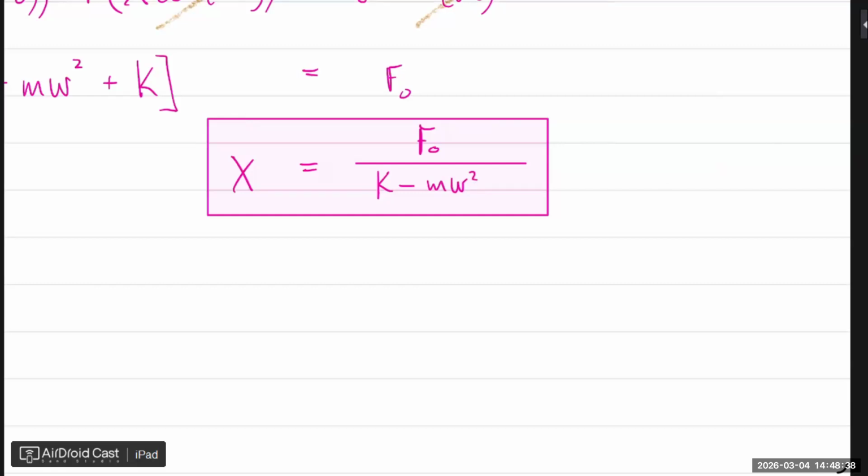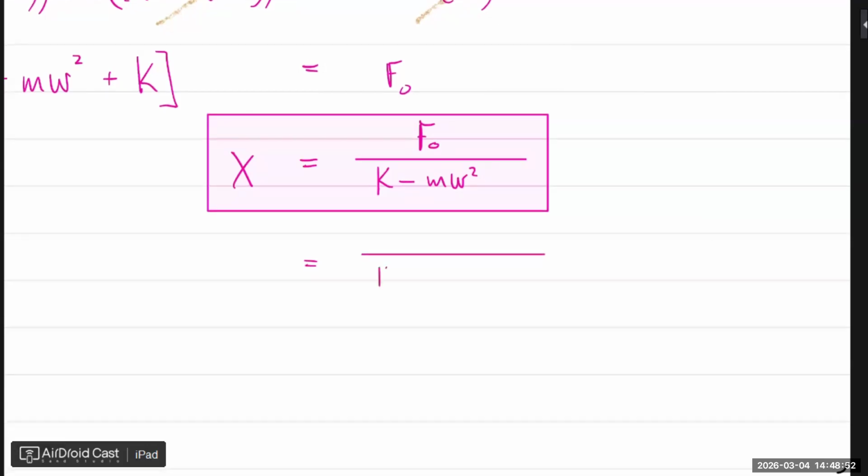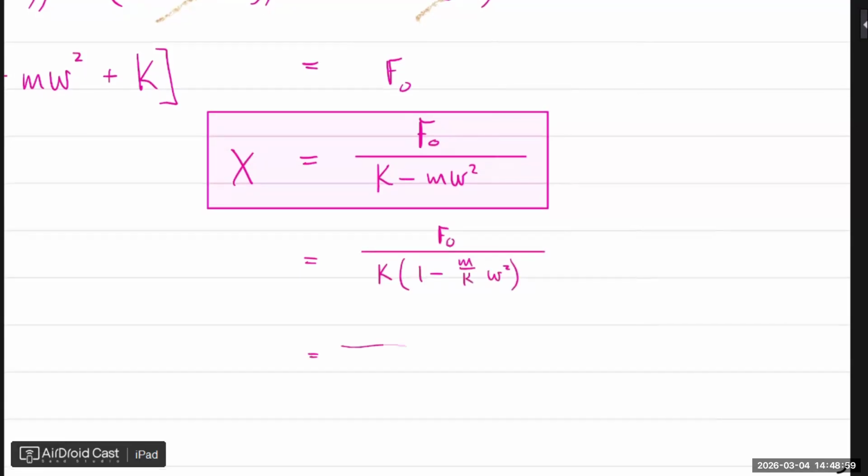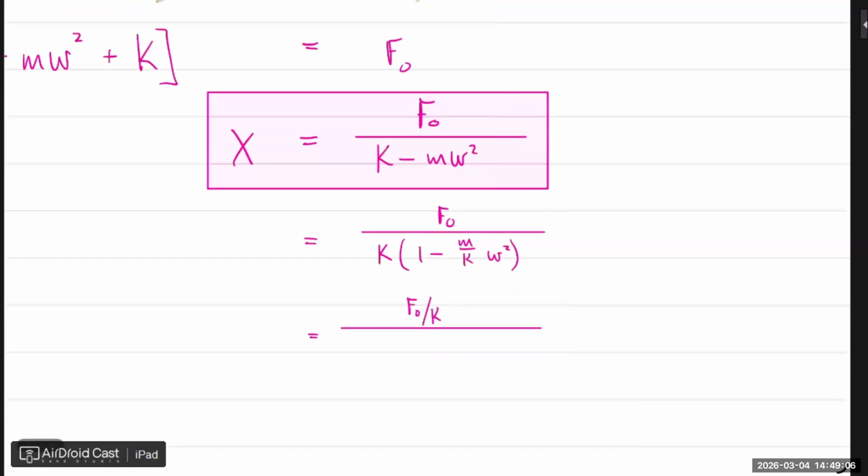We can write this x in a different form. I'm just going to take out the k at the bottom. So if I take out the k, I have m over k omega squared, and at the top just F0. Then I have F0 over k over 1 minus m over k omega squared.